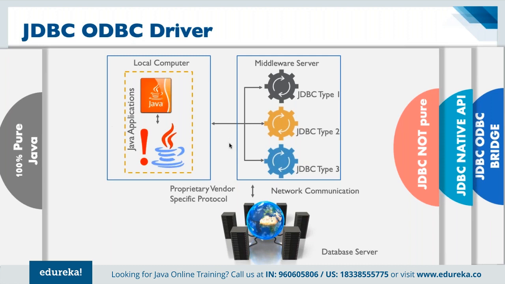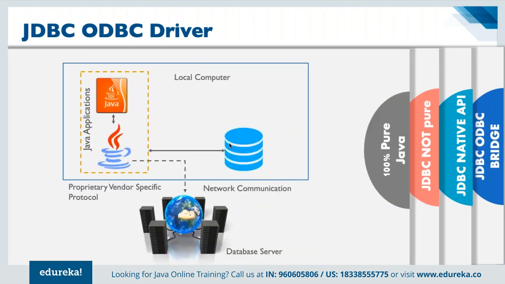And at last, we have 100% pure Java, where we're using our own JDBC drivers without the use of any particular third-party connectors or any particular API. That means if we have a local database. This is applicable only when we have our own local database, where we have complete authority or complete control of the database that we are currently creating.